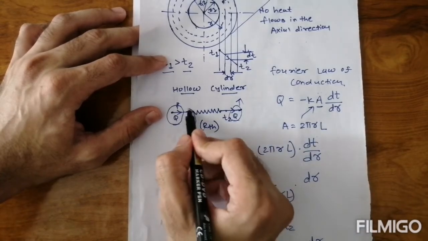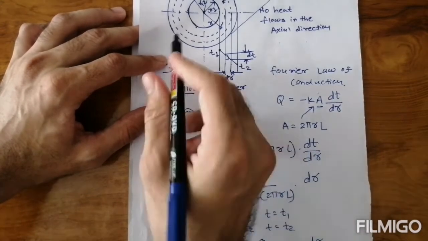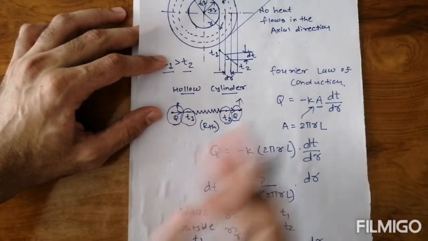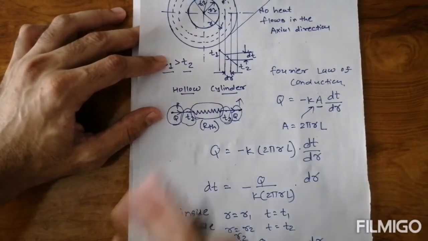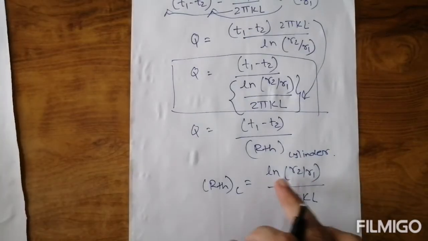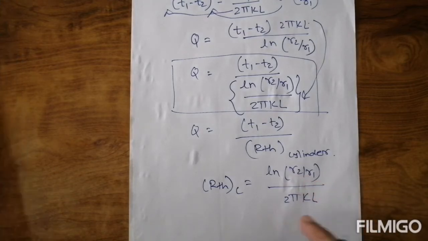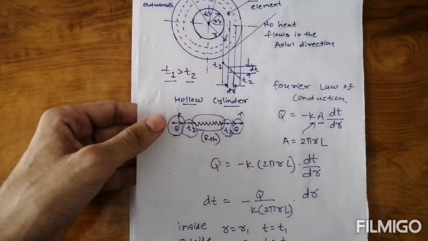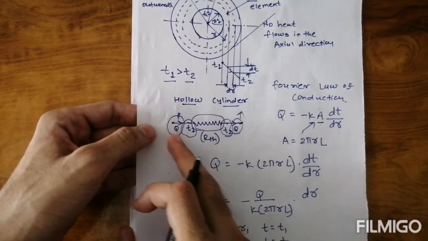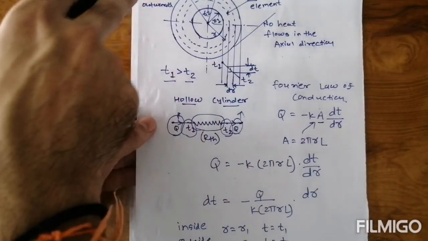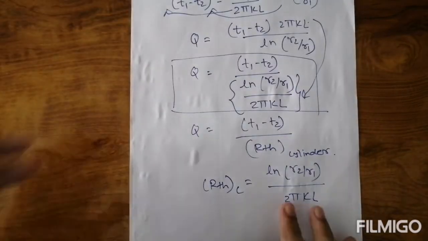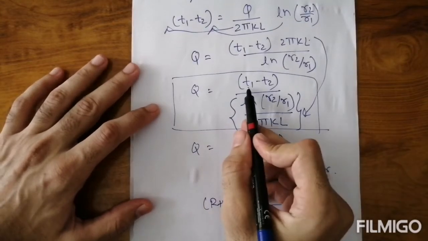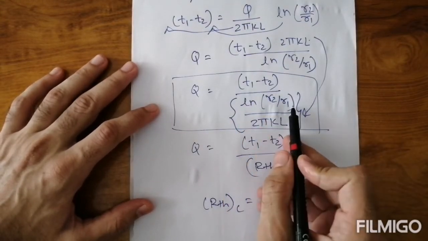T1 is the inside temperature and T2 is the outside temperature, heat is transferred from inside to outside. Between them is your resistance, and what is the resistance we derived? ln R2 by R1 over 2 pi KL. That is your electrical analogy, heat is transferred from inside to outside, or we can say heat flows radially outwards.